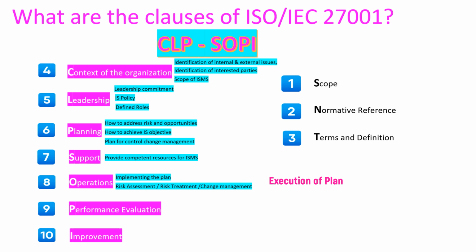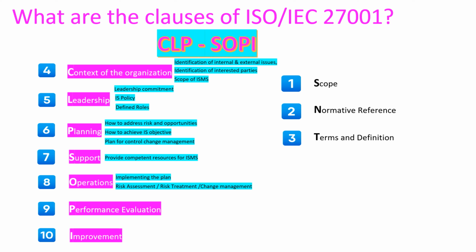Operation focuses on execution of the plans and the processes needed to achieve the ISMS objectives. It includes managing and implementing risk treatment plans, ensuring operational controls are in place to address the identified risk, and regularly reviewing and updating the processes to respond to changing risk.